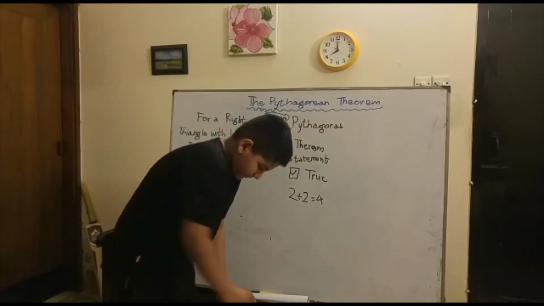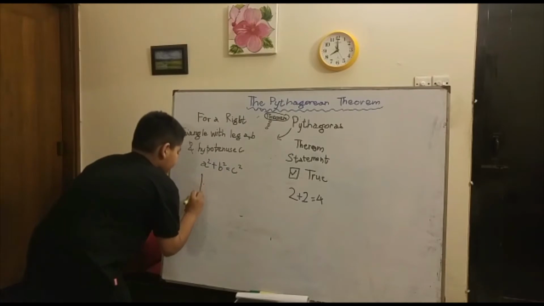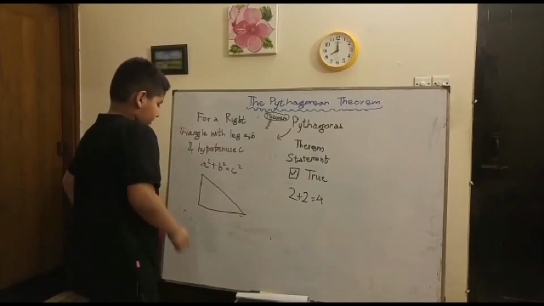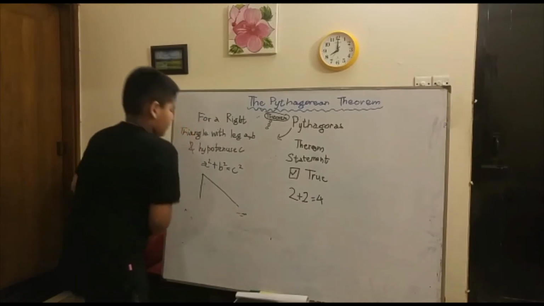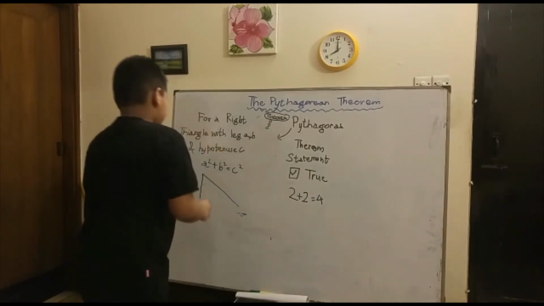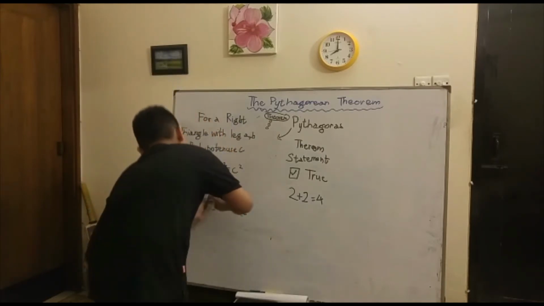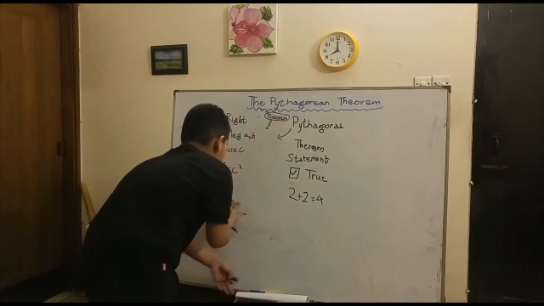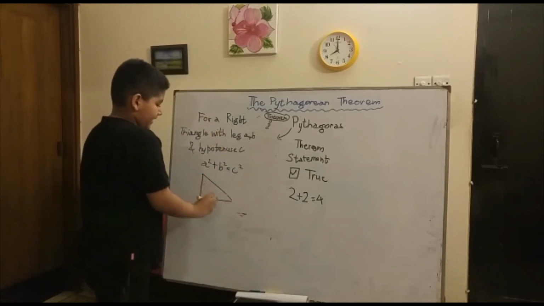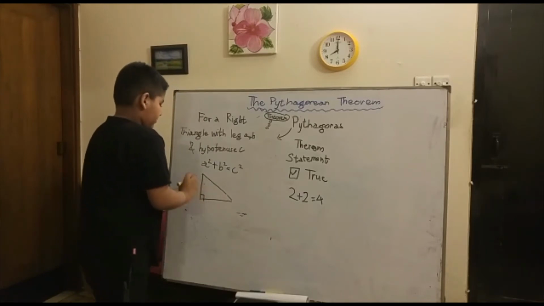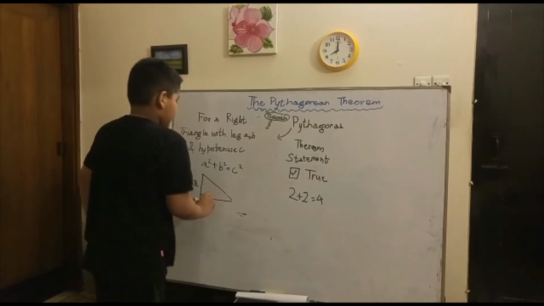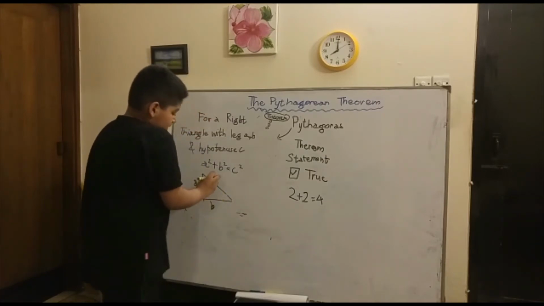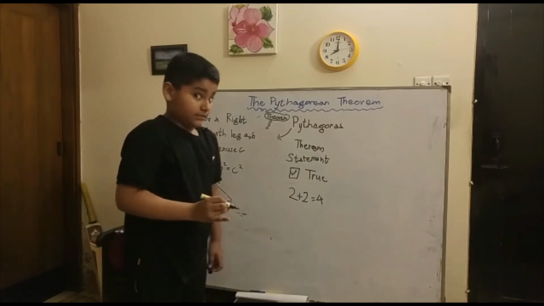What it says is, if we take a right triangle, like the one I have here, with the legs, which make up the right angle, legs A and B, and this is the longest part of the triangle, the hypotenuse, C. The hypotenuse is the one that is not making the right angle.